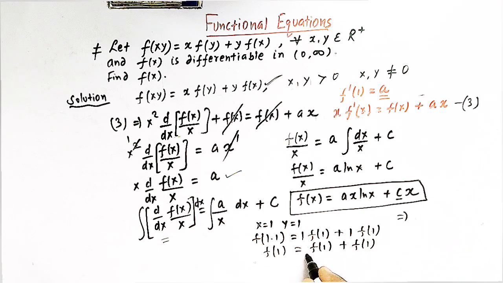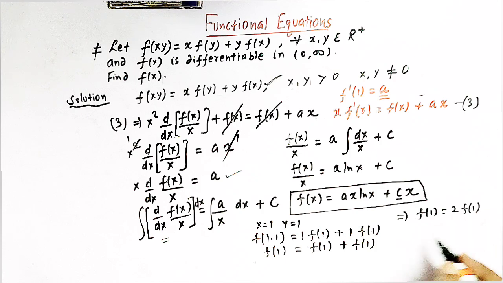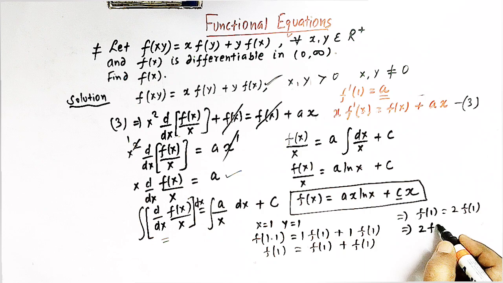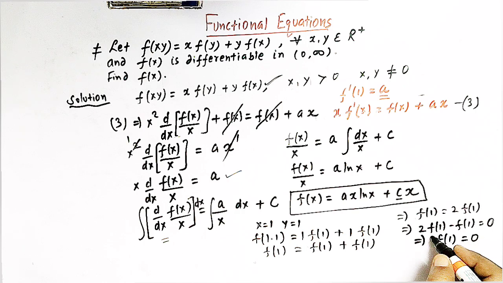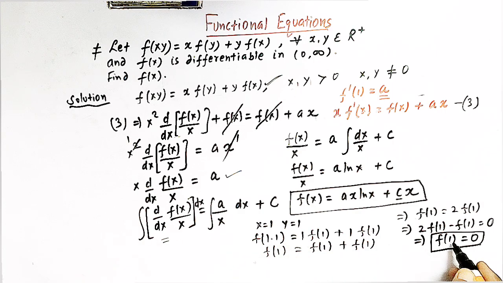So from this equation we have f of 1 is equal to 2 times f of 1, and solving this equation we have 2f of 1 minus f of 1 is equal to 0. So f of 1 is equal to 0, right? So this is an important condition, that is the value of the function at x is equal to 1 is 0. So we'll use this condition to find out the value of the constant of integration.